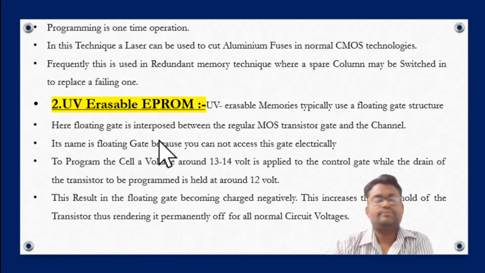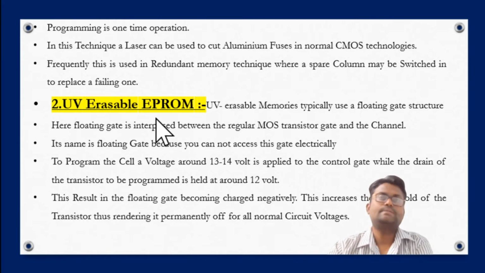Now we can also use a UV erasable EPROM strategy for making a memory cell. Here EPROM stands for erasable programmable read-only memory. Now what is the meaning of read-only memory?